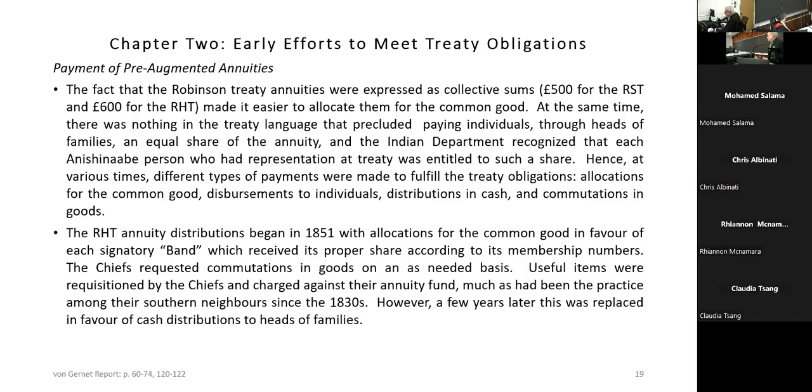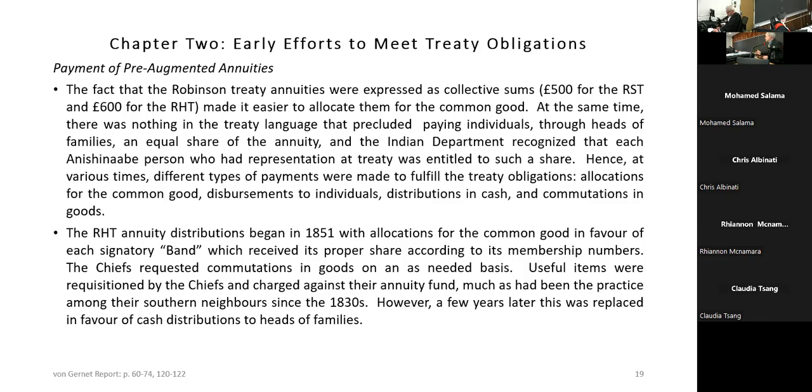And so in the case of the RST, as I said earlier, the annuities were all distributed to individual heads of families. But in the case of the RHT, in the early years, they were not distributed. There was only the down payment that was distributed to heads of families.